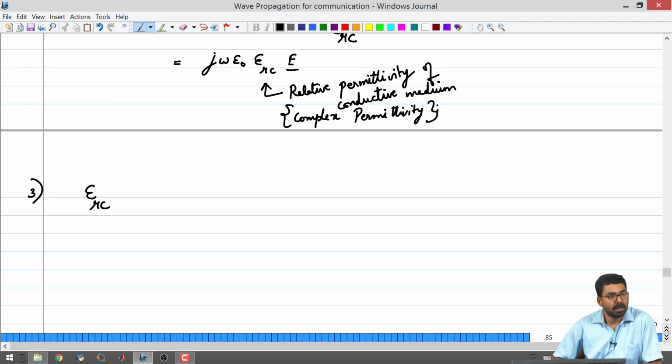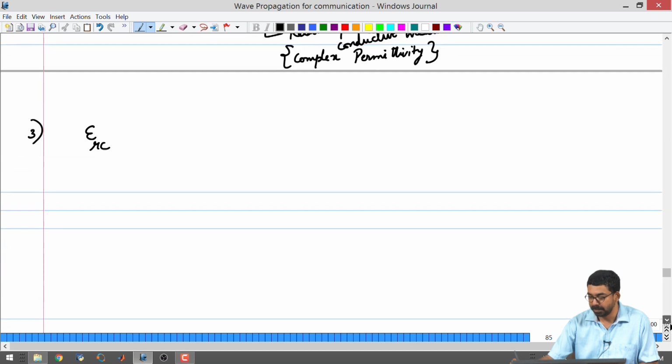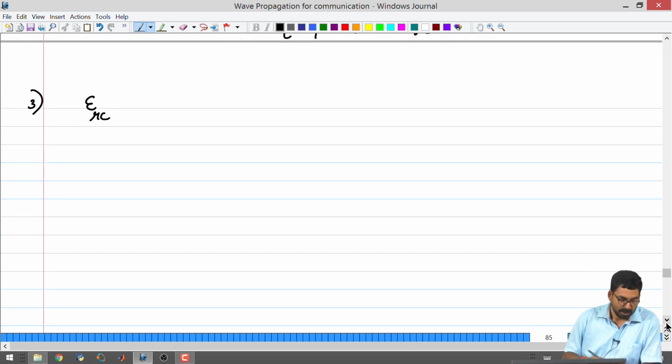Complex permittivity is easier; complex dielectric constant is kind of weird because you are talking about a constant related to dielectric, but you are saying it is complex and you are including some conductivity. It may be confusing for a few people. So, you can just call it complex permittivity. It includes both displacement and conduction quantities.